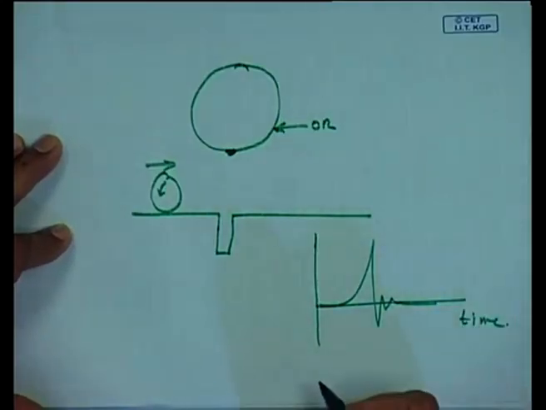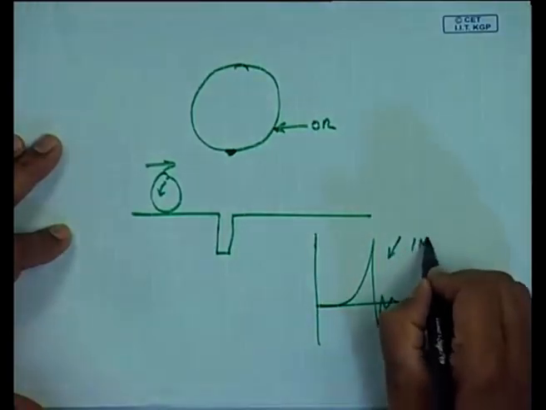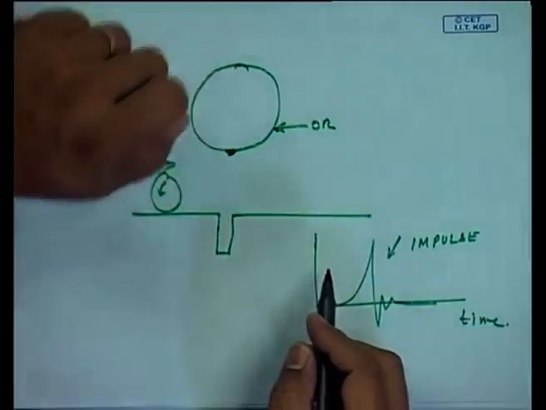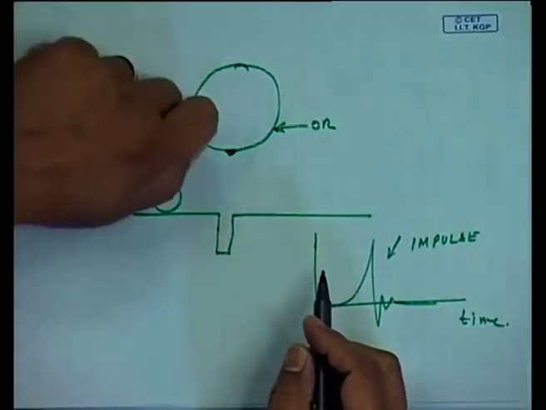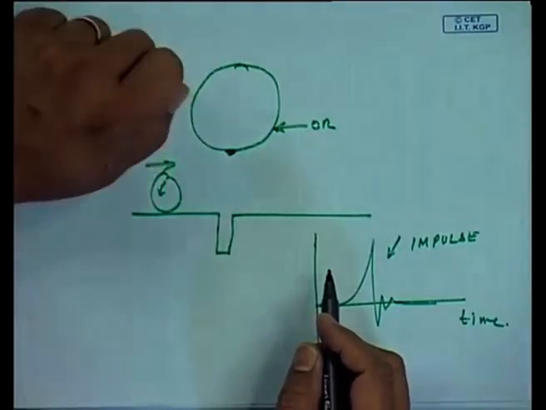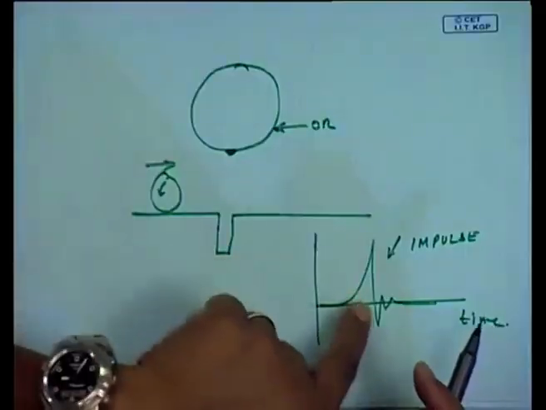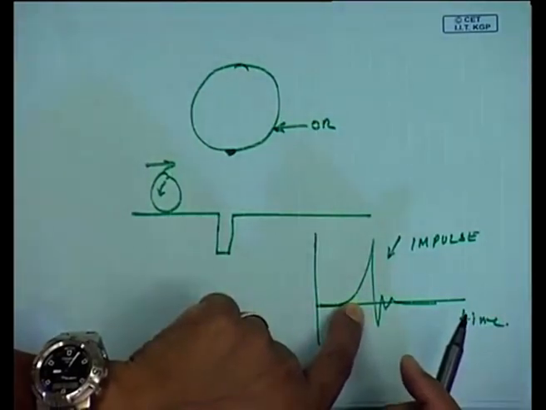This will be an impulse excitation, as if something has hit the outer race, as if you have banged on it, like when you go over a bump or a pothole on the road, you feel that impulse. So, this bearing has got excited by an impulse, agreed.